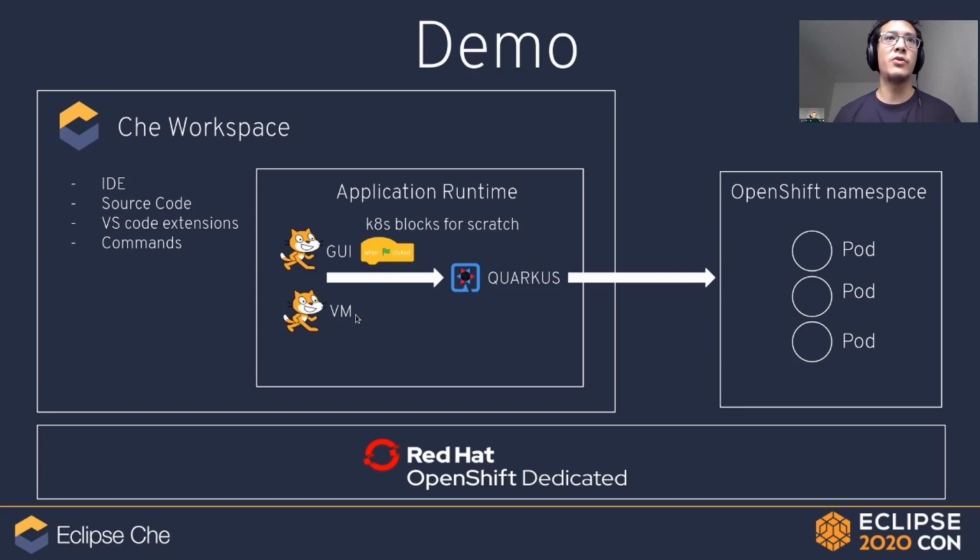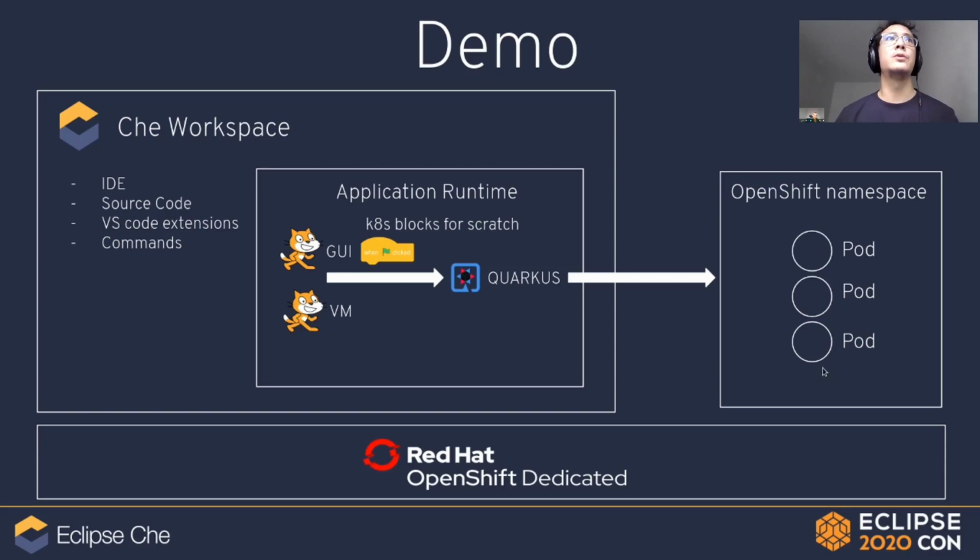And in Scratch VM, you could add your custom blocks in there, and these custom blocks that we have prepared for you will call the REST API that is written in Quarkus, and this REST service will actually make the real calls into Kubernetes using the Fabric8 Kubernetes client. And we will be able to, for instance, display the list of pods.